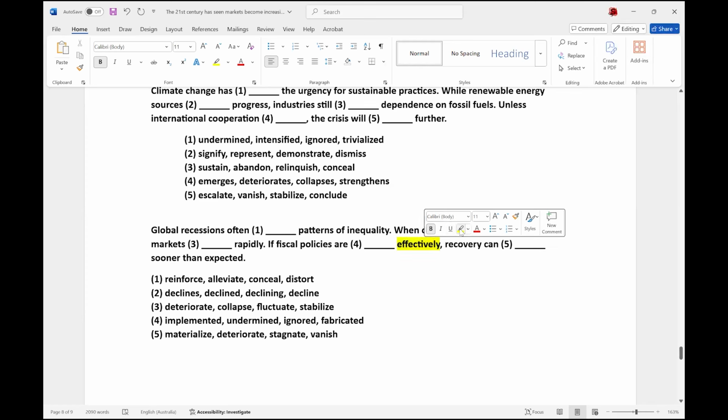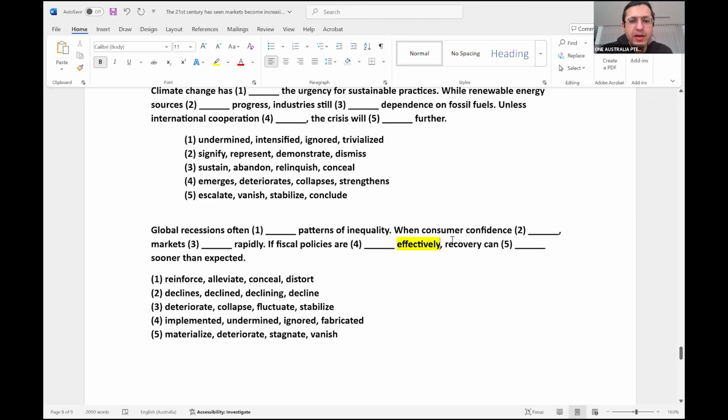Yeah. Effective management means positive. So recovery can happen. Okay, if no option is given, which word would you choose? Happen. Recovery can happen sooner than expected. So happen, which word is a synonym? Is vanish a synonym of happen? No. Materialize. Yeah, the correct answer is materialize.